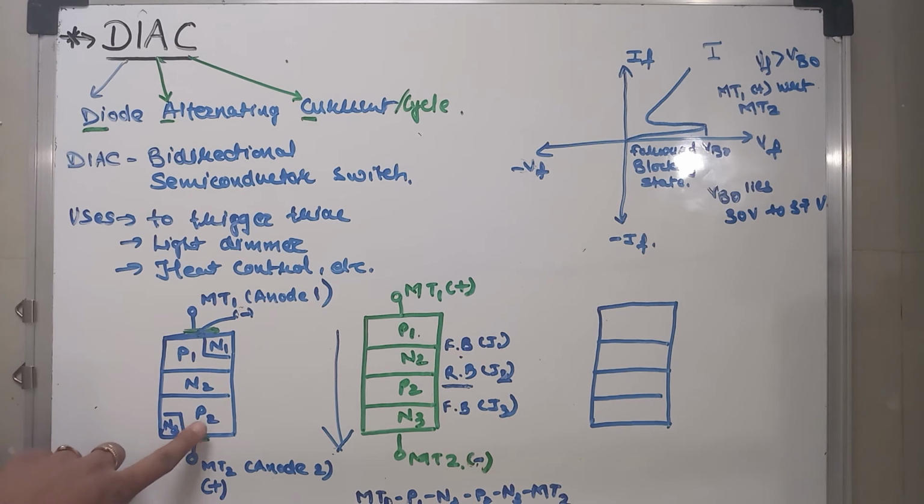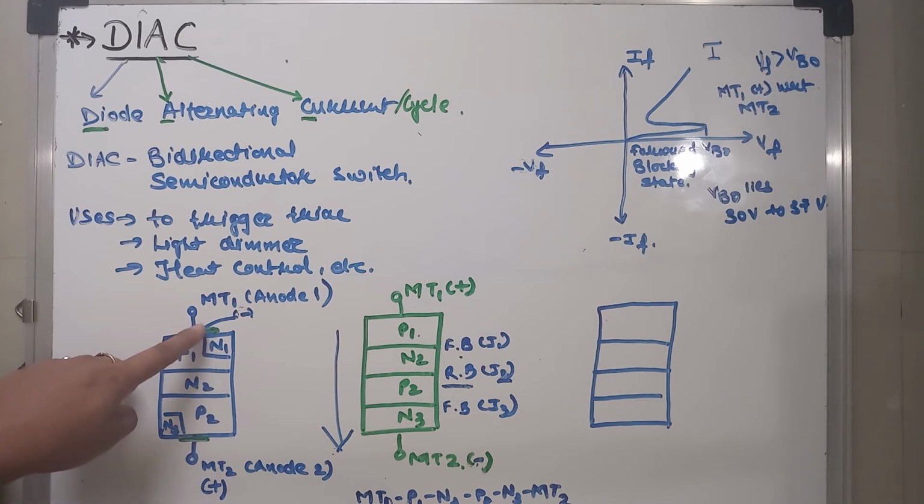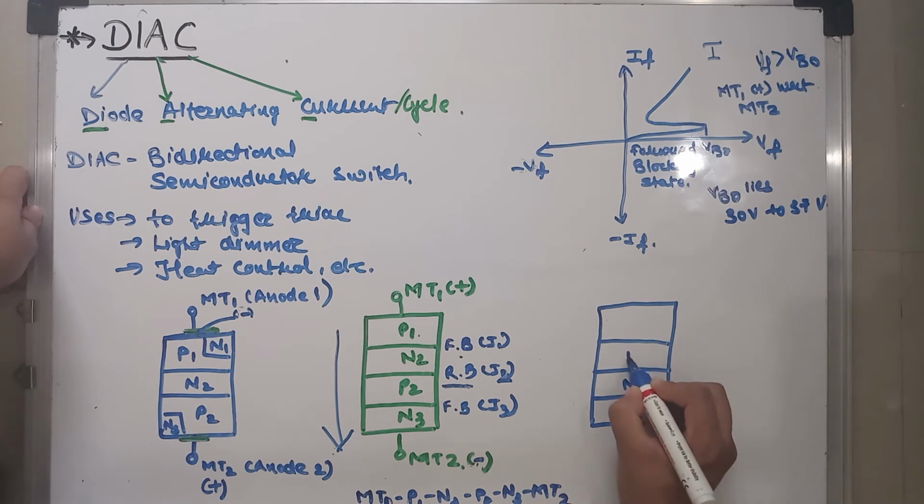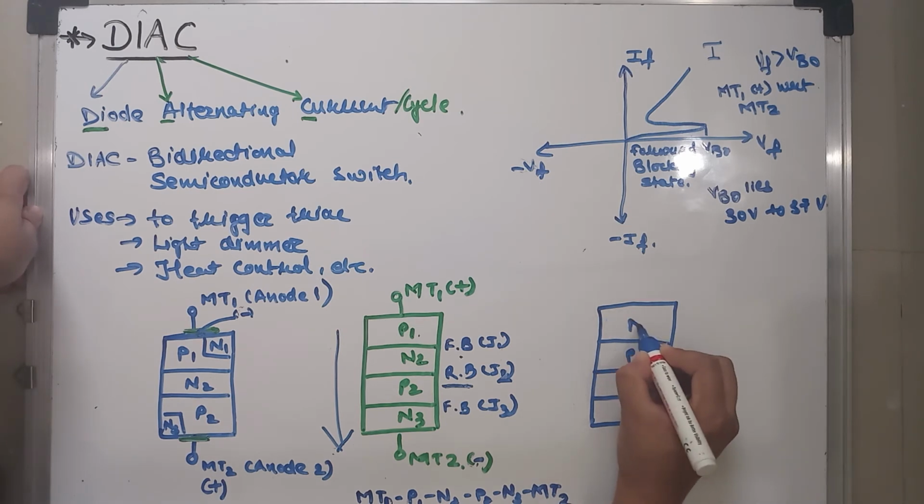Okay, which layers are going to be activated? P2 is getting the positive, so here P2, N2, P1, and here the N1 layer is going to be activated, as the N1 layer is getting the negative of the battery. So the layers that are going to be activated are P2, N2, P1 and N1.